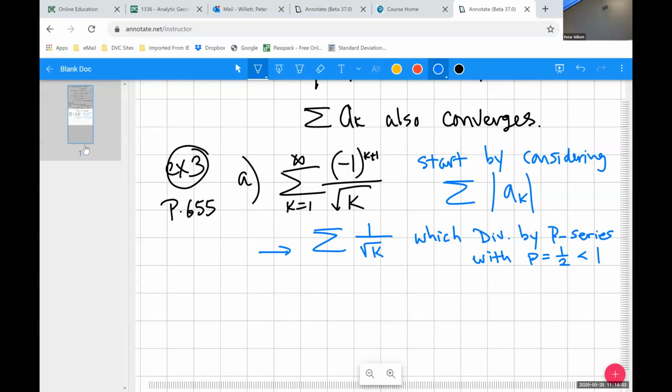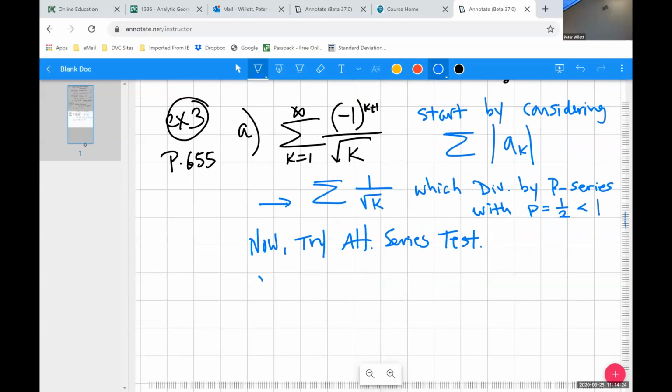So we started by considering the series of the absolute value. So now try the alternating series test, because we still don't know whether the original series converges, but it is alternating.